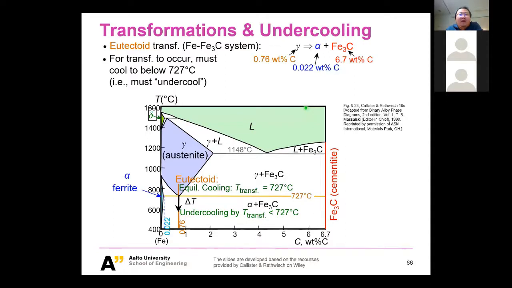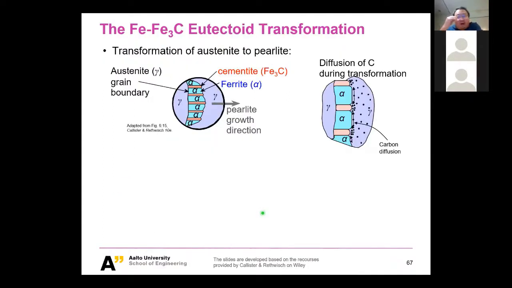This is a transformation we have already spoken about just a few minutes ago. It's the eutectoid phase transformation for carbon and iron. When we have 727 degrees C, you're getting from gamma phase to your pearlite, so from austenite to pearlite. Yeah, so the reaction is clear. And here I'm also showing you again what is the diffusion behind it.